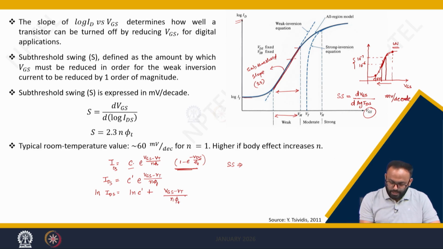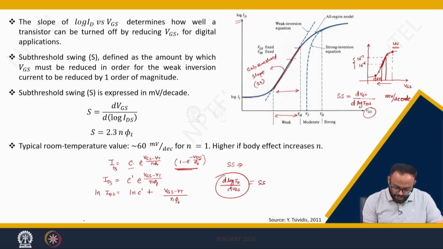So that is what we are actually calculating here. We need to calculate d log of ID divided by dVGS. This will give me the sub-threshold slope, right. So let us do the differentiation here. The differentiation of a constant is 0, and this will give you dVGS divided by n into phi t.